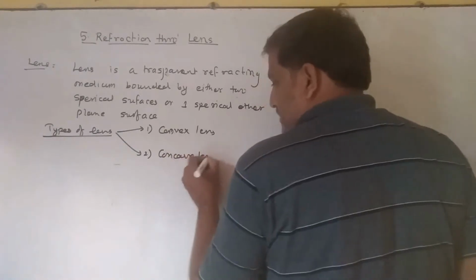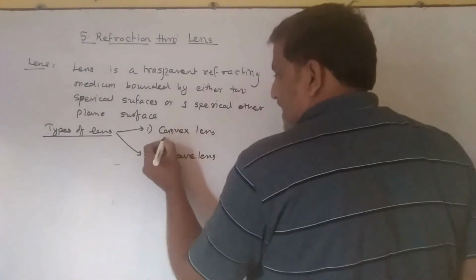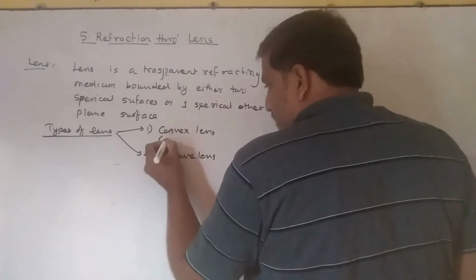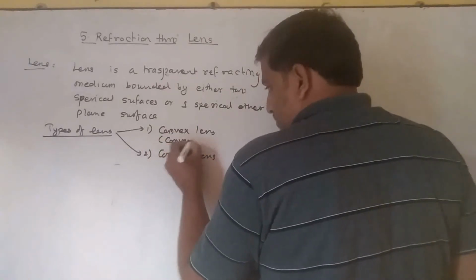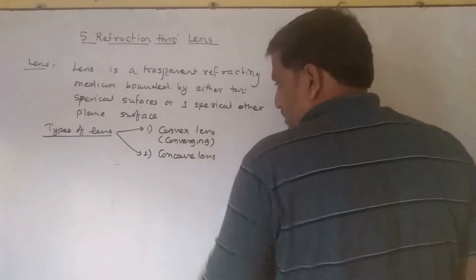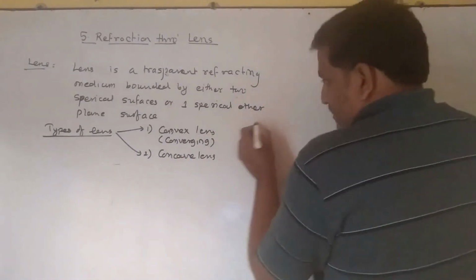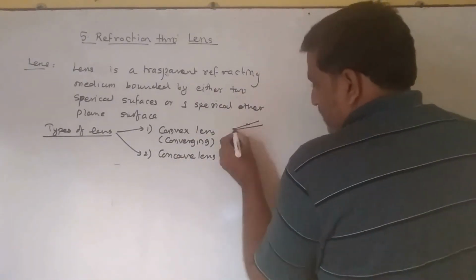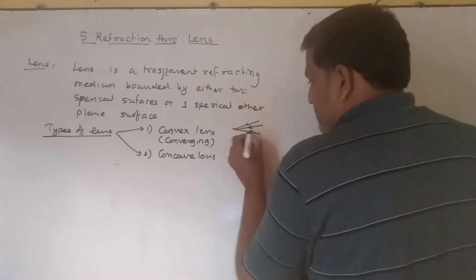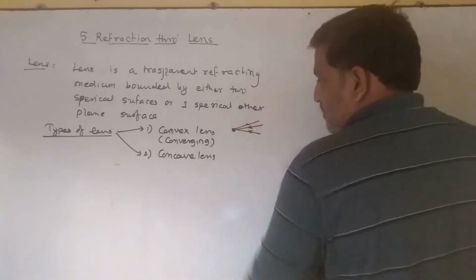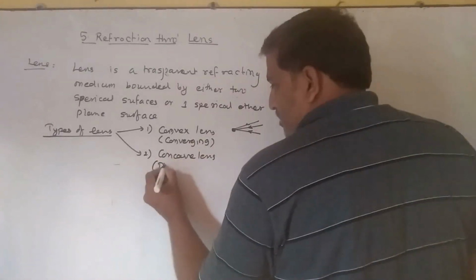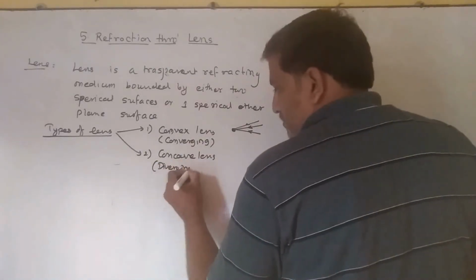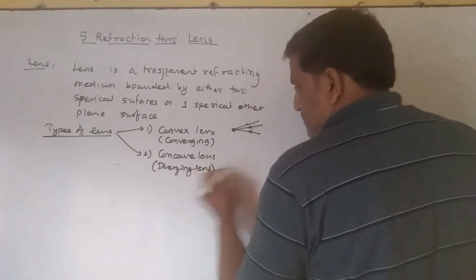The convex lens acts as a converging lens. Here all the rays which are coming meet at a single point after refraction, and the concave lens acts as a diverging lens.